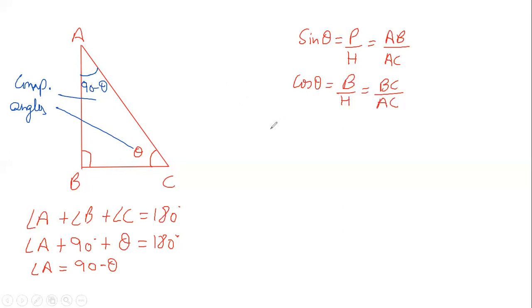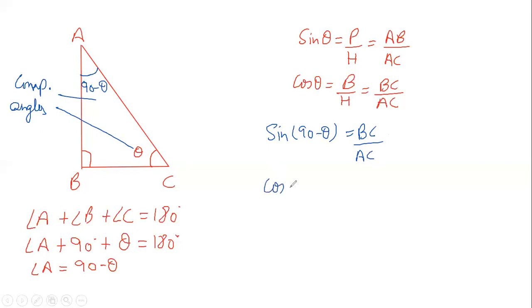If I try to figure out sine 90 minus theta, that means I'm trying to figure out sine according to angle A, which is 90 minus theta. I know that sine theta is always perpendicular over hypotenuse. According to 90 minus theta, the perpendicular is the side in front of it, which is BC, over hypotenuse is still AC.